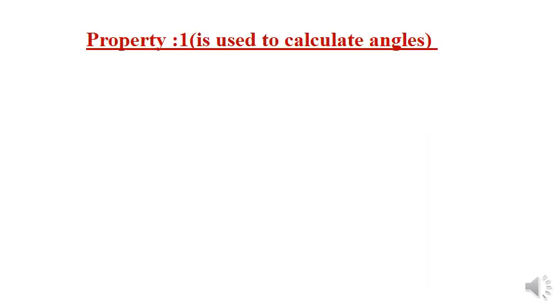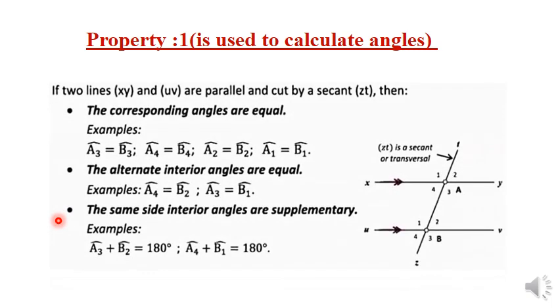In the previous session, we talked about alternating angles. Today, we are going to talk about corresponding angles. This property is used to calculate missing angles. We said that if we have two parallel lines cut by a transversal, we will get equal alternating and equal corresponding angles.